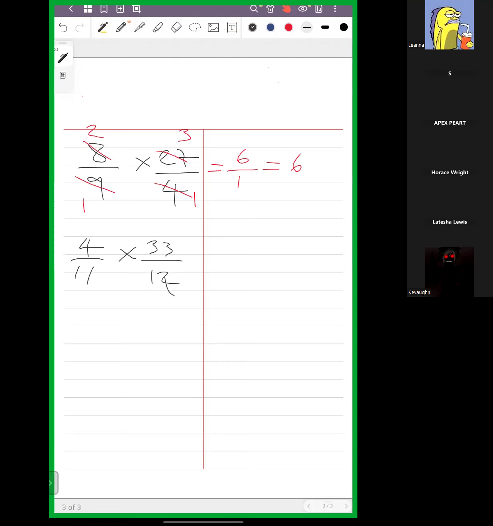So I want to use something different. So that's 4 over 11 multiplied by 33 over, say, let's do 15. No, I don't want to use 15. Let's do 14.